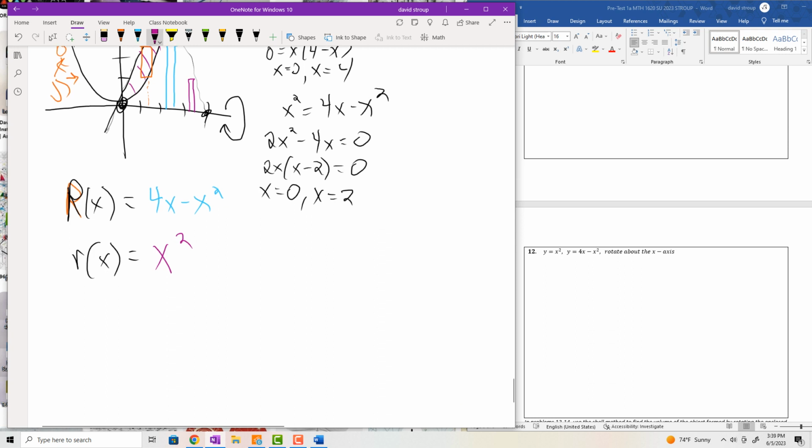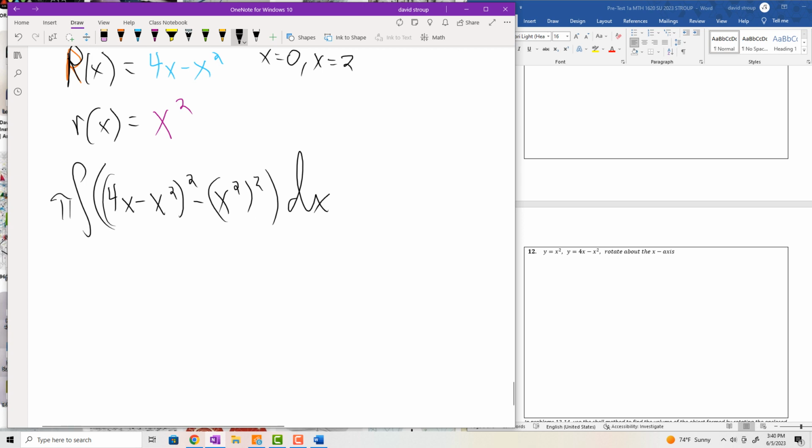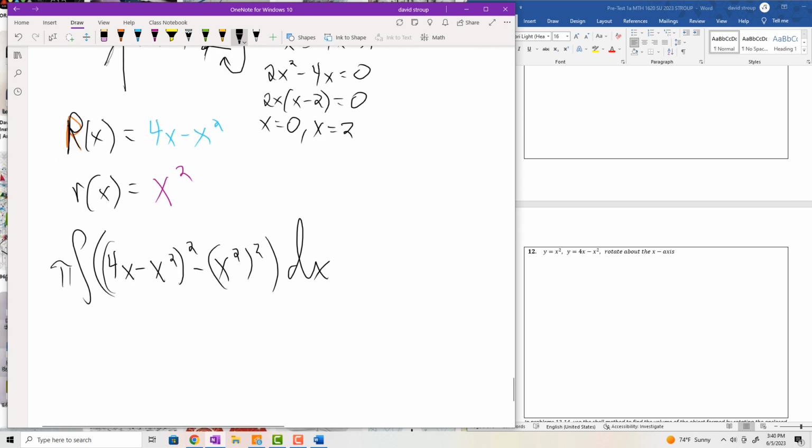Finally, we can evaluate this by doing the integral of the difference of the radii squared. So it would be the top one, the big one, first, squared, and then minus the small one squared. And then some foiling, and the Riemann person is going from 0 to 2.